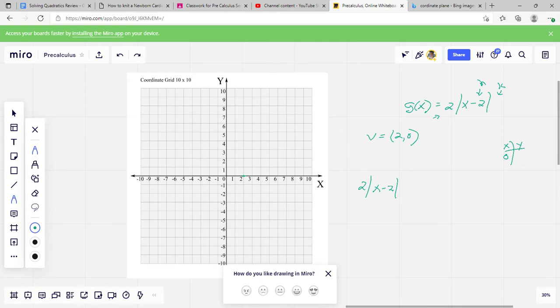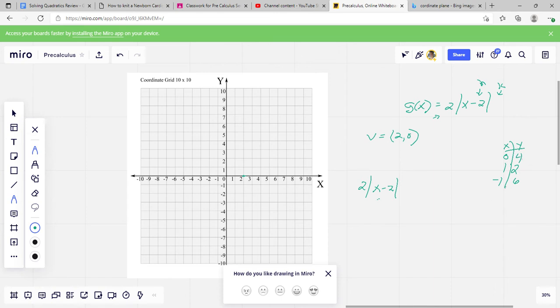Okay, if x was 1, 1 minus 2 would be negative 1, that would just be 1. 1 times 2 is 2. If x is negative 1, negative 1 minus 2 would be negative 3. 3 times 2, that would be 6. Oh, what was this? This was 4 or something. Let's see. Negative 2. 2 times 2 is 4. Yep.